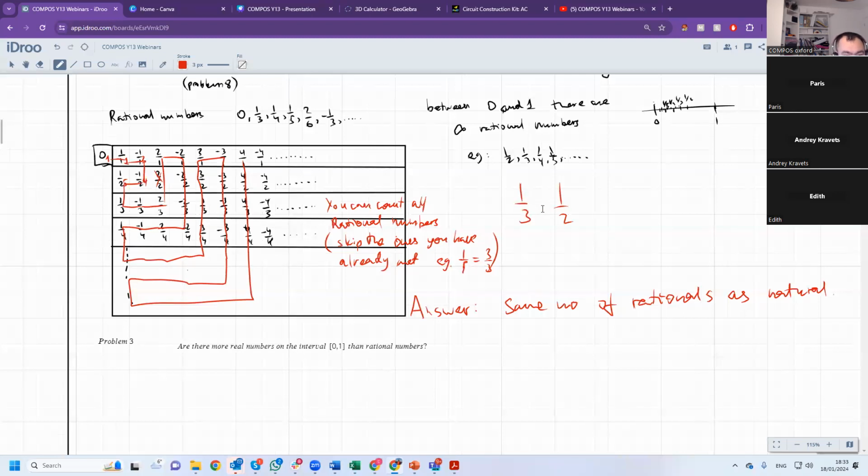What's in between 1/2 and 1/3? 5/12. 5/12 is certainly in between 1/3 and 1/2. And 1/2 is here, 1/3 is here, and 5/12 is somewhere further down. It's in there.